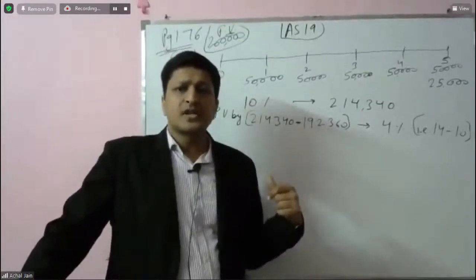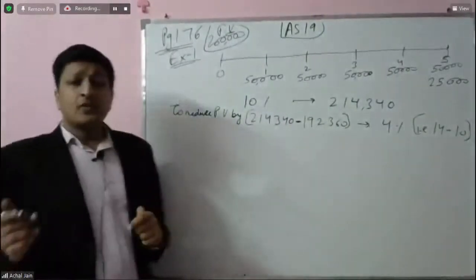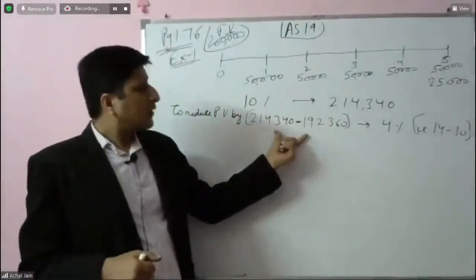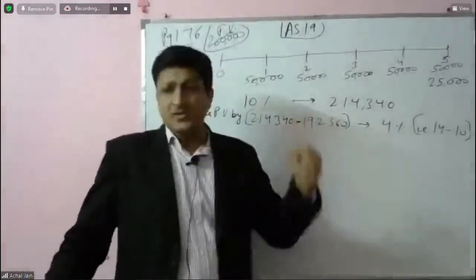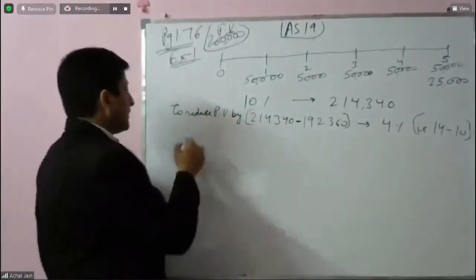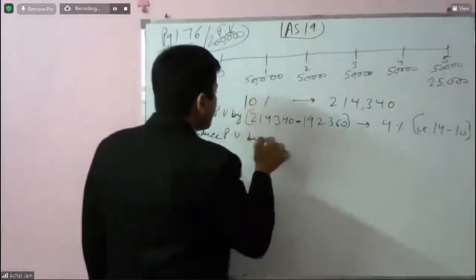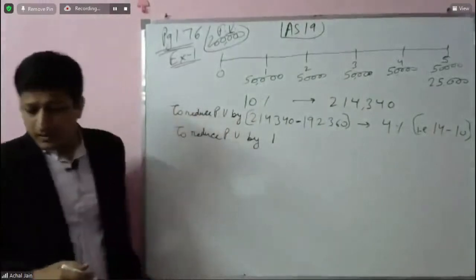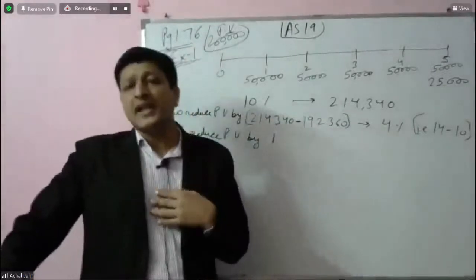Please listen to this carefully. I'm saying to reduce the PV by this much amount, what was the reduction in the discount rate I had to take? 4%. Okay. Now, if I have to reduce PV by 1, means only rupee 1, what is the reduction in the discount rate that I have to take?